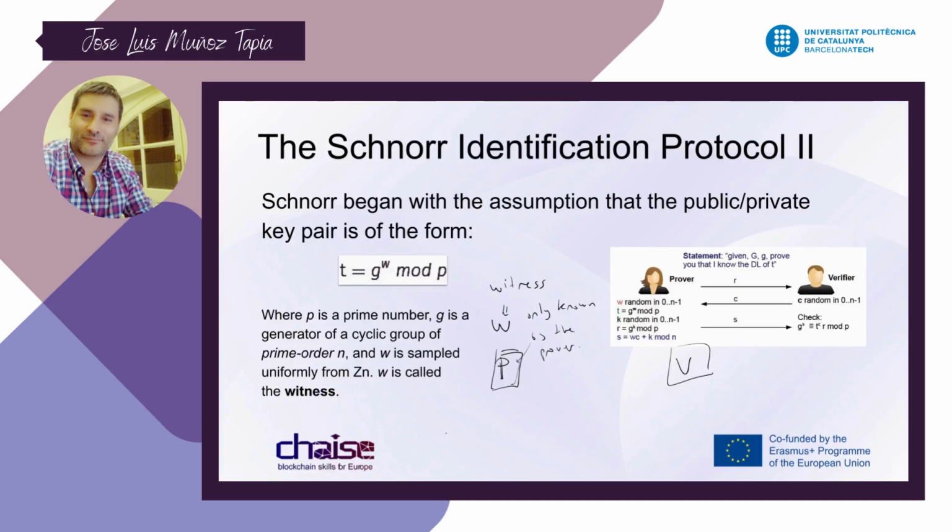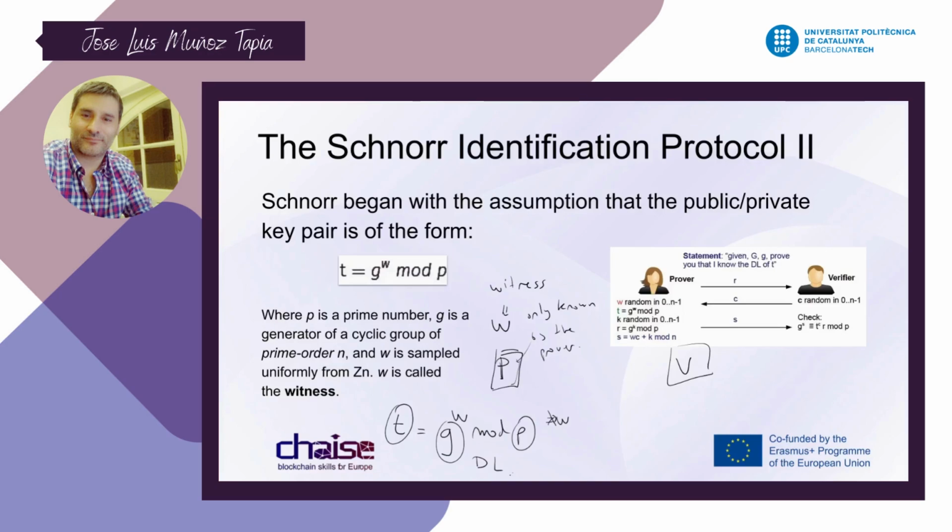if I have a number, let's say G, and I raise it to W, and I do modulo P. Okay, this is a modular operation, and let me call it T. Well, there is a mathematical principle here that says that from T, and knowing G and knowing P, you cannot get W. This is called the discrete logarithm problem.